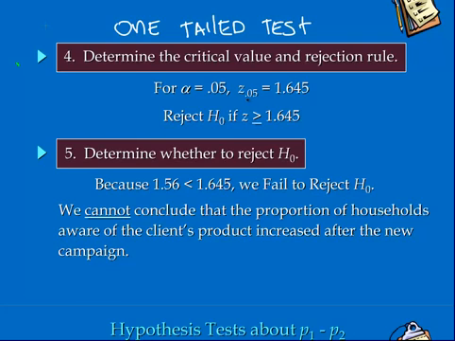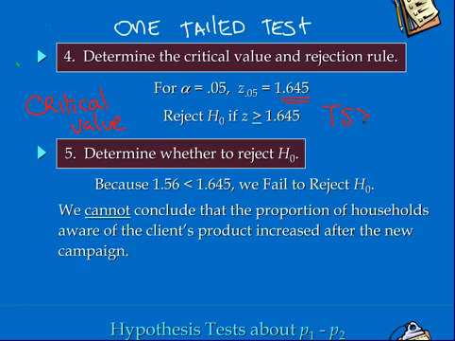And the significance level is 0.05. So the quantile, the critical value, which you'd find in statistical tables, is 1.645. And our rejection rule is this: reject the null hypothesis if the test statistic is greater than the critical value.